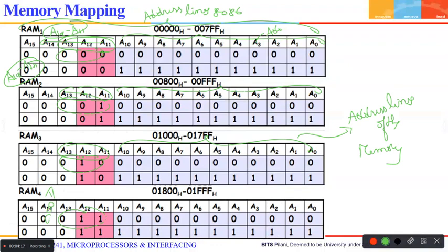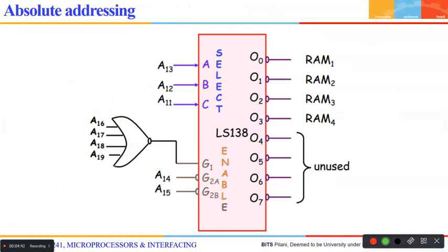So you got all the inputs now, and the remaining lines A14 to A19 are all zeros, combined with some gates and given as a chip select enable for the decoder. So this table gives you lots of information for the decoder logic. Using this table, now let us write the decoder logic.